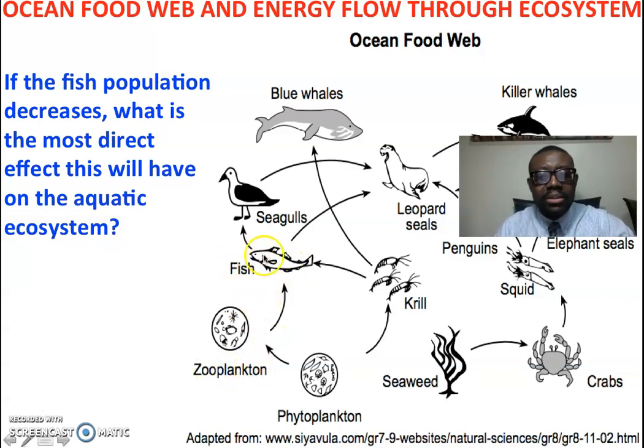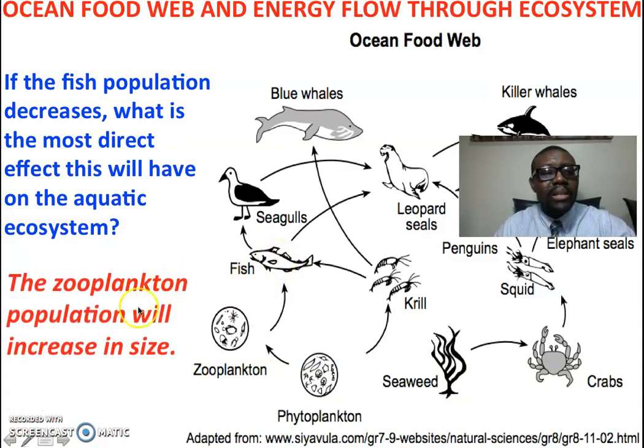So if the population of fish decreases, then the zooplankton population will increase in size, because there will be no fish eating the zooplankton. That will be the most direct effect if the population of fish decreases.